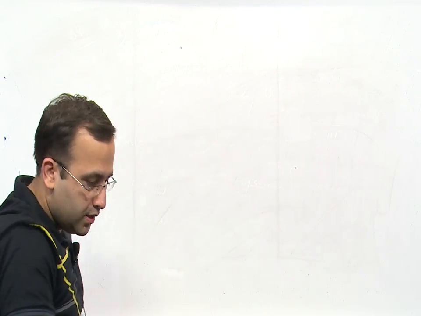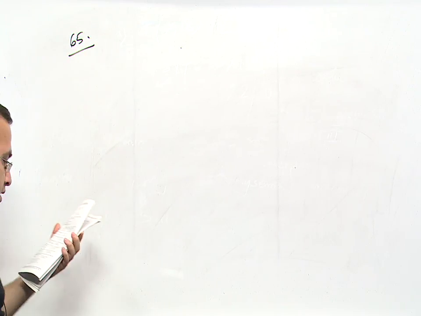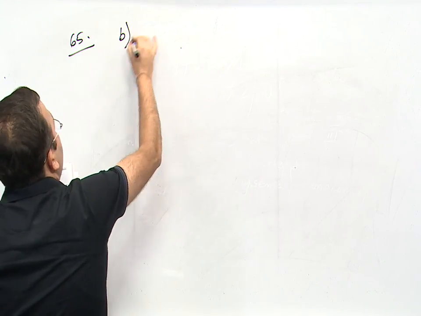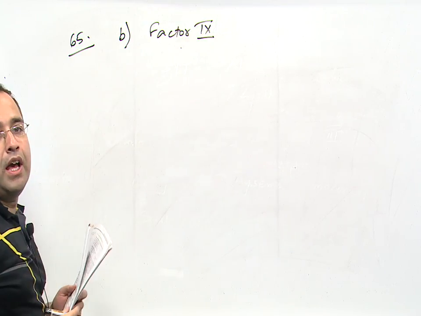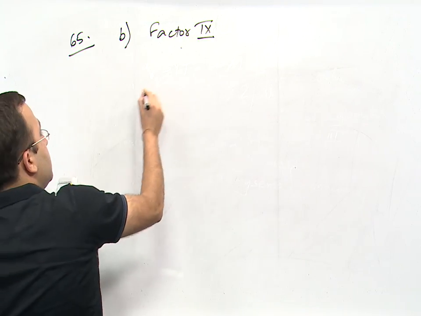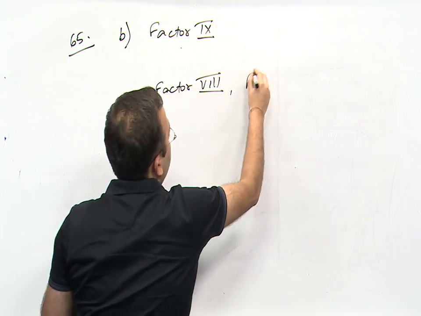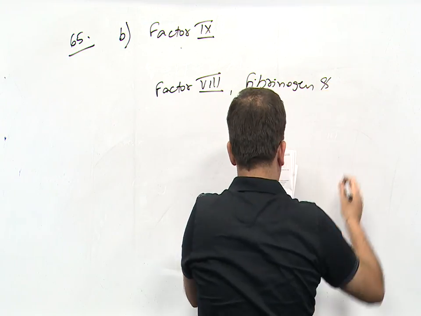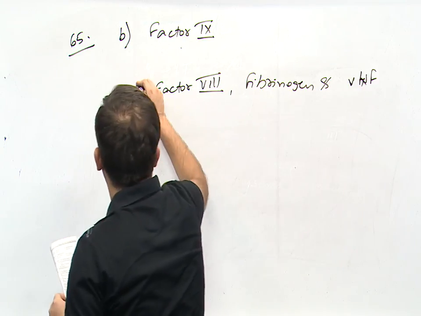Next, question 65. This is again a spotter. Cryoprecipitate contains all of the following except factor 9. It has factor 8, fibrinogen and von Willebrand factor.